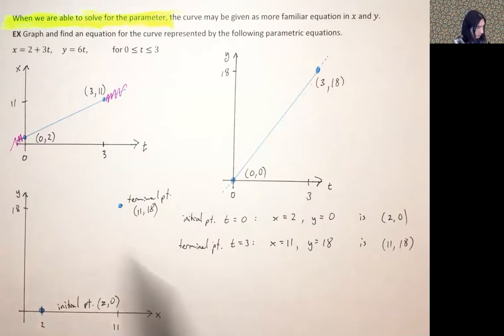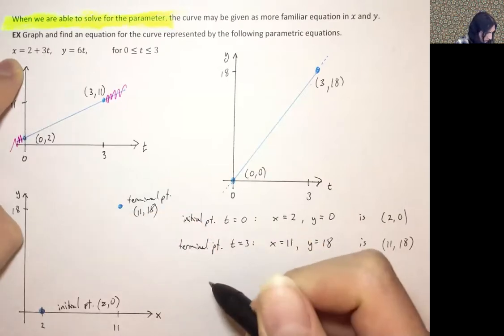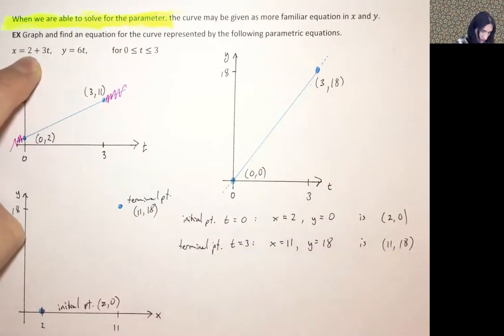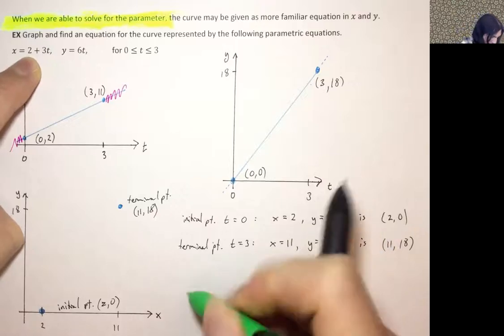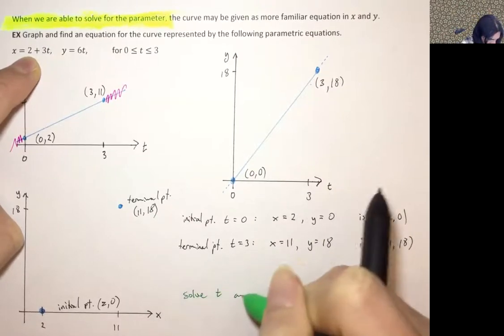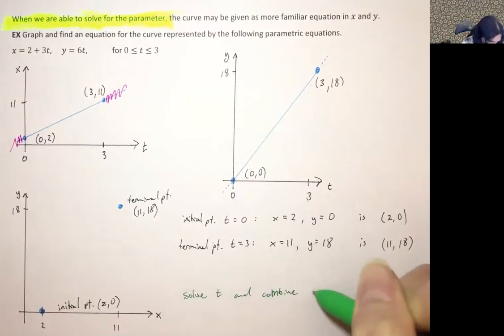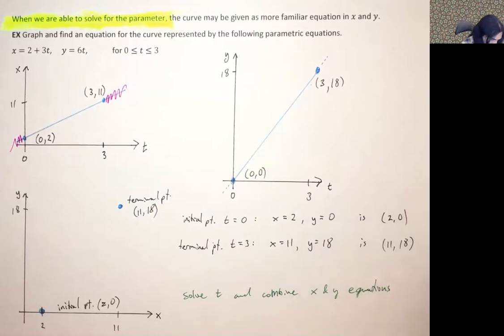Okay, now for my x coordinate right here, let's just describe what I'm going to do. So let's solve for t, and combine the x and y equations using substitution.